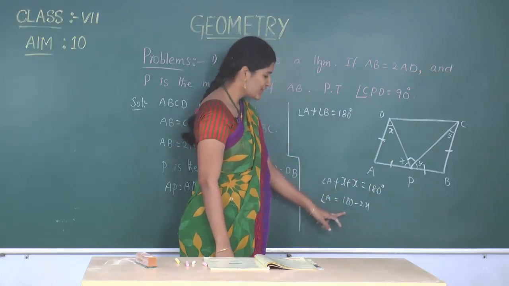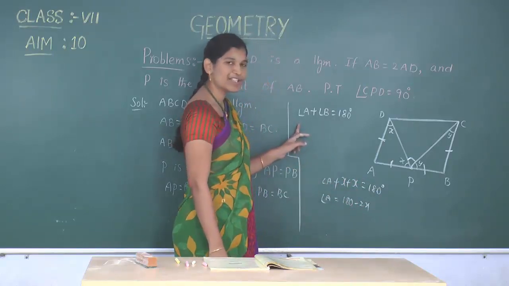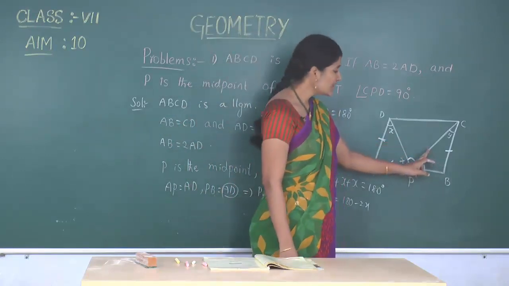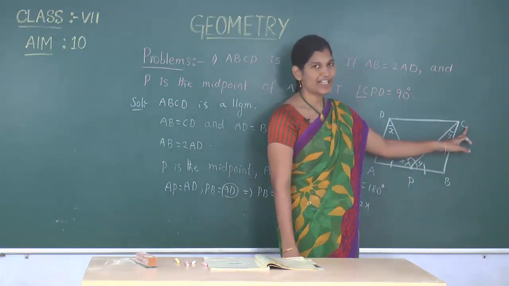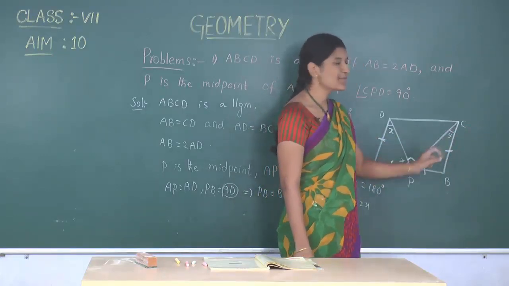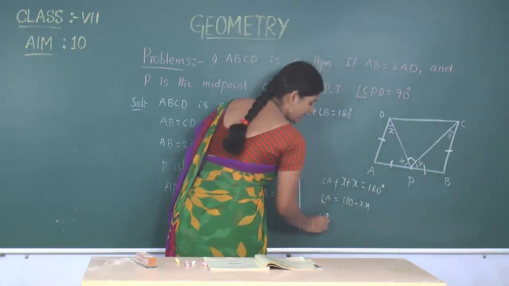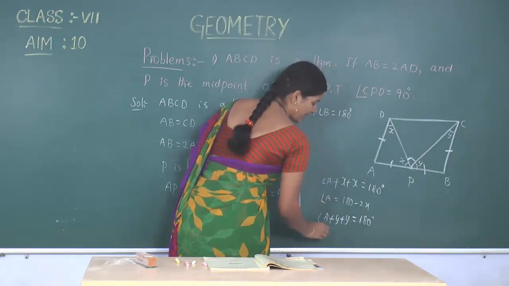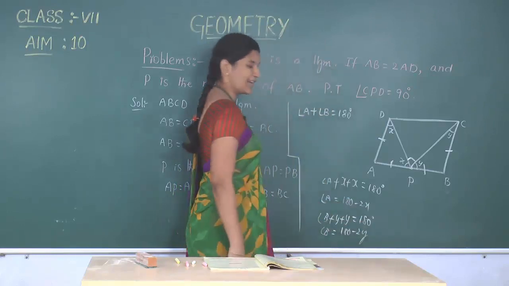So I can write in the place of angle A 180 minus 2x. Similarly from triangle PBC, sum of the three angles will be equal to 180 degrees. That means angle B plus 2Y is equal to 180. From here angle B is equal to 180 minus 2y.